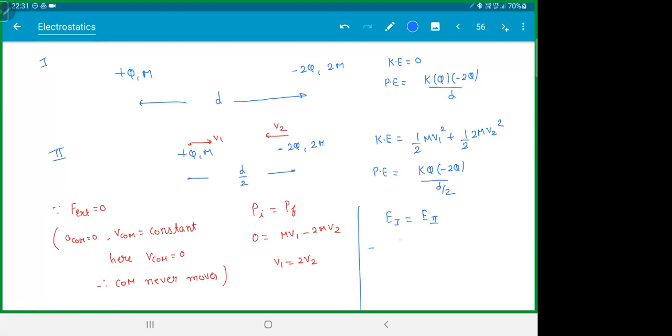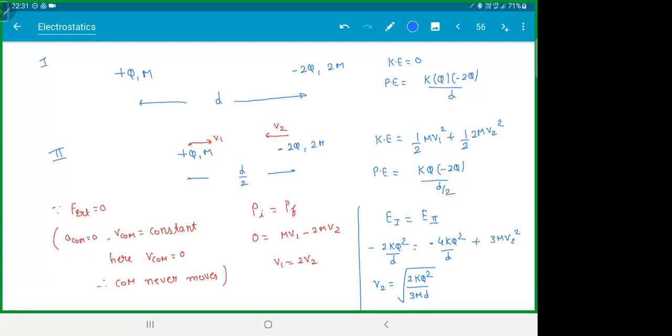This will become minus 2kq square by d. This will become minus 4kq square by d. Half mv1 square, if you substitute v1 is equal to 2v2 there, that will be 3mv2 square. So we get v2 is equal to root of 2kq square by 3md. That's your v2, people. Check.